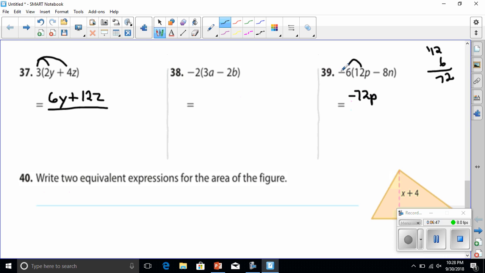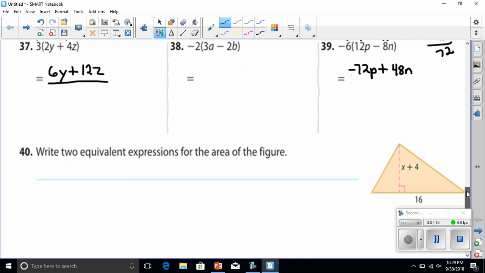Now I'm going to say a negative times a negative. It's going to be a positive. And 6 times 8 is 48. And n simply follows down. Can we combine these? No, because 72 has a variable p with it, and the coefficient of n is 48. We cannot combine these terms.